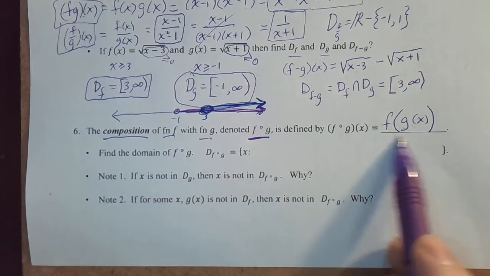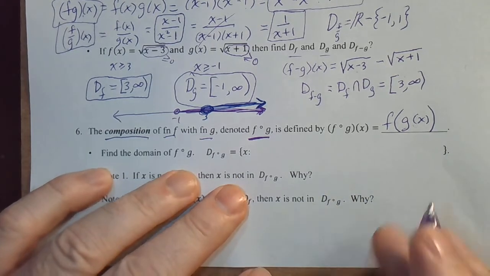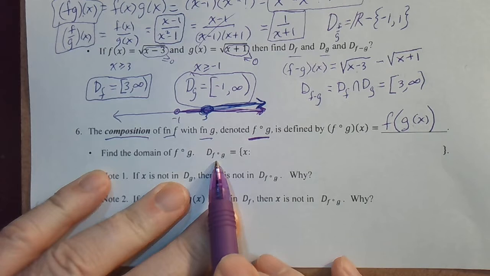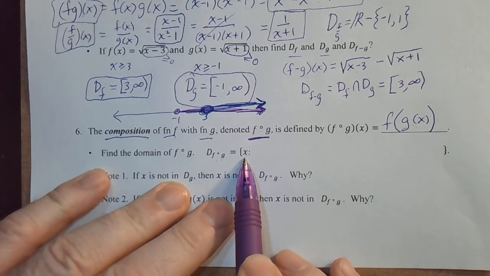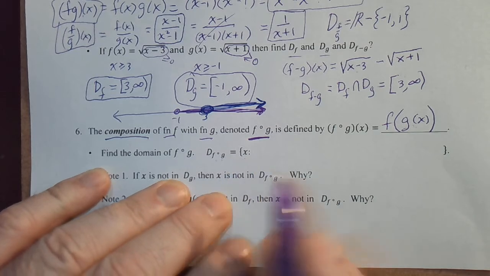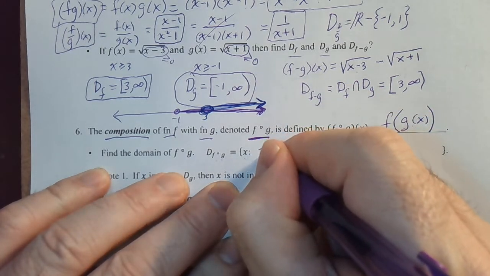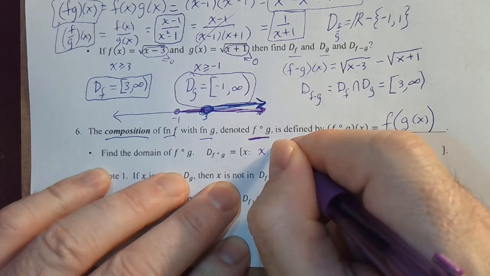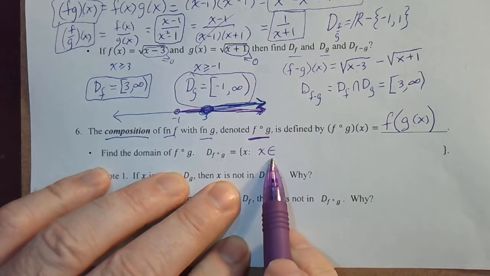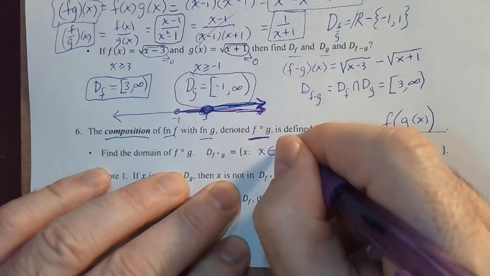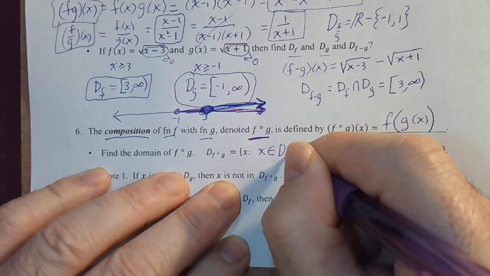Okay, so based on what I just described, let's see if we can figure out the domain. The domain of f composed with g is the set of all x, all the real numbers, such that x, and I think we've seen this symbol before, if not, we're learning it now, is an element of the domain of g.